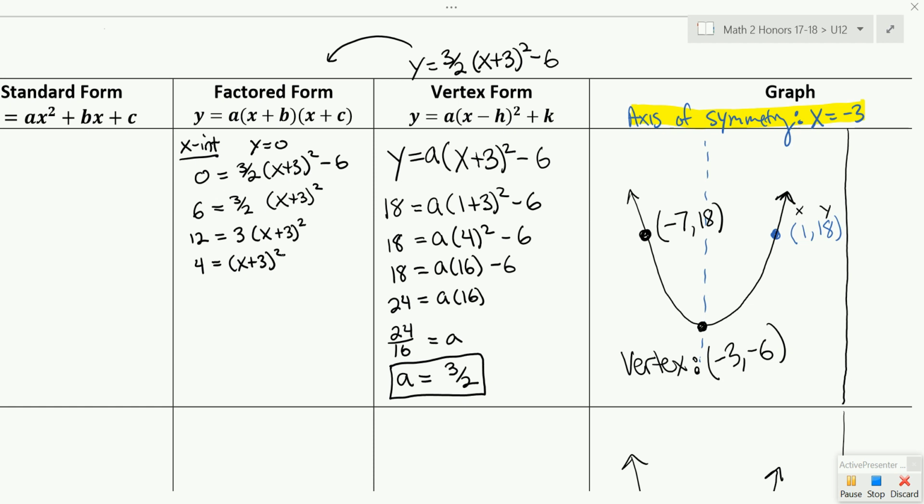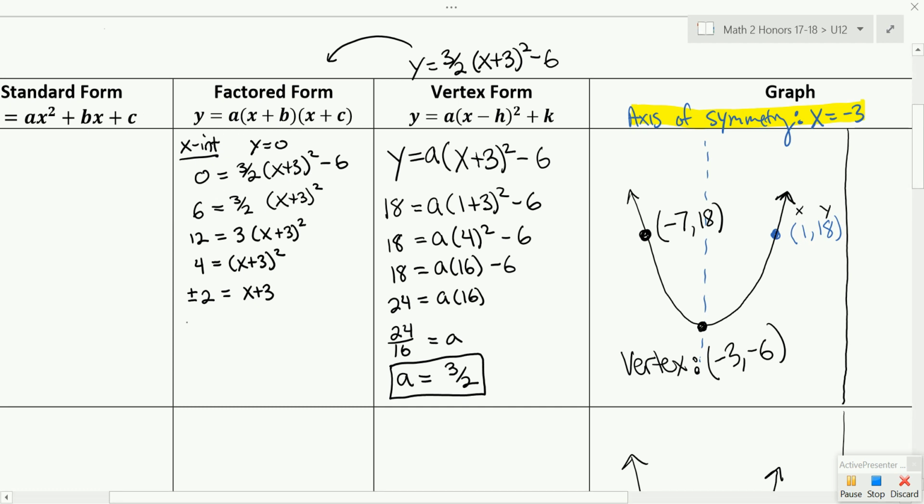Take the square root of both sides, because then I get rid of the square. And when I take the square root, I get positive or negative 2 is equal to x plus 3. You know why I have to put positive or negative? Because if you square negative 2, you still get a positive 4, right? So that gives me two equations.